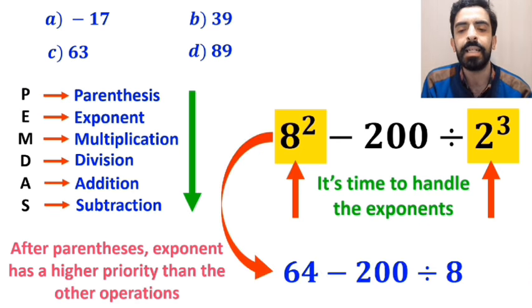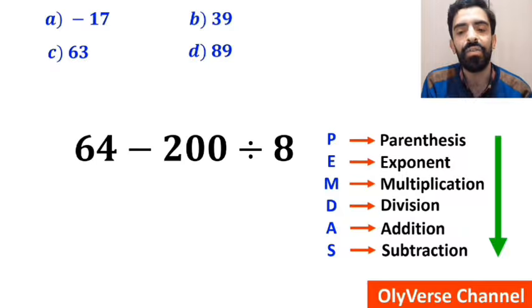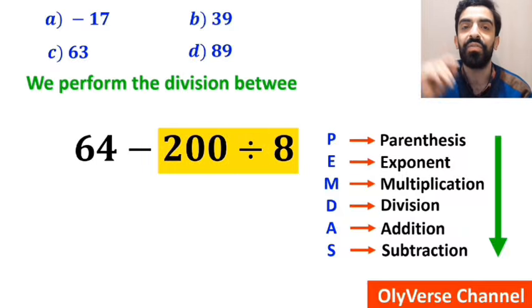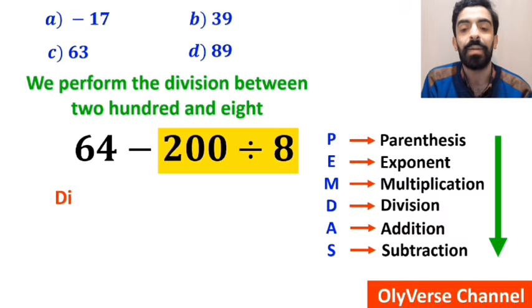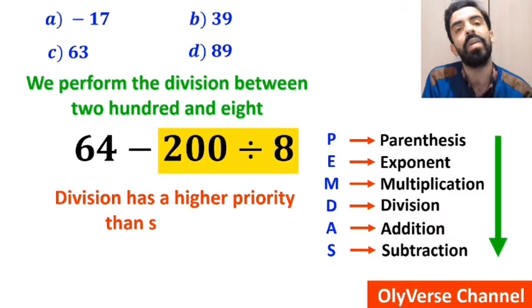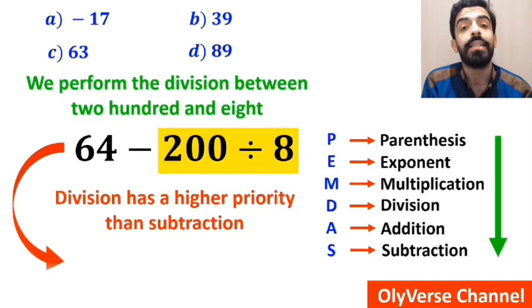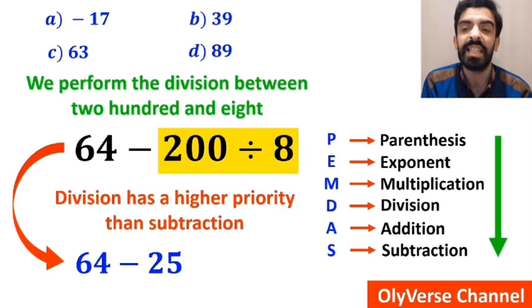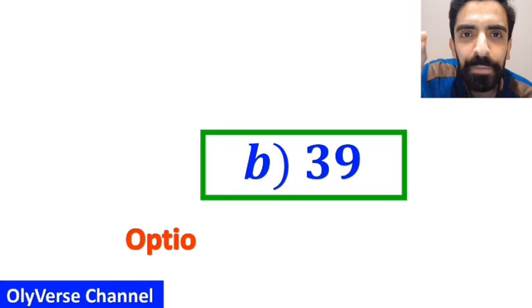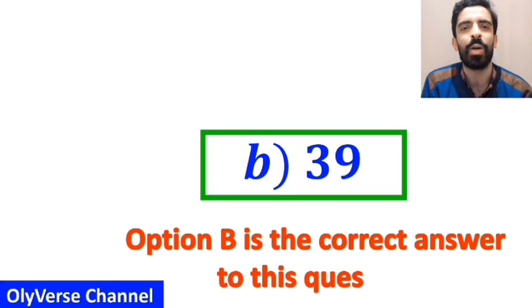So, we can write this expression as 64 minus 200 divided by 8. And the final step, we perform the division between 200 and 8 because division has a higher priority than subtraction. So, this expression simplifies to 64 minus 25, which finally gives us the answer 39. That's great. Option B is the correct answer to this question.